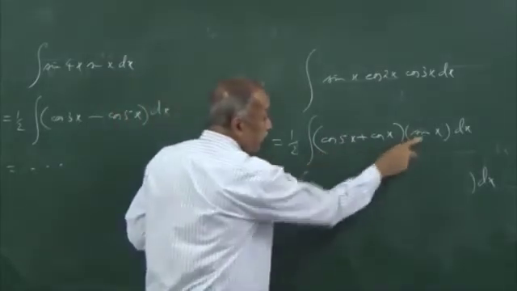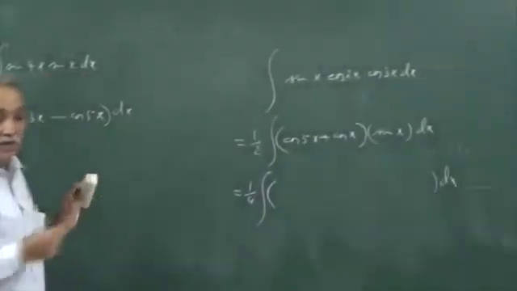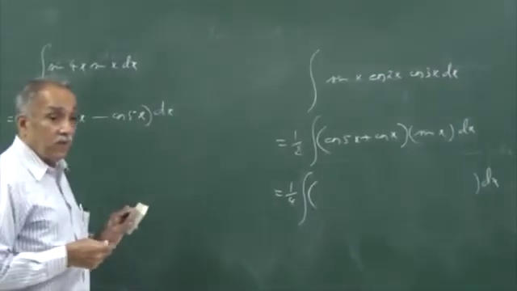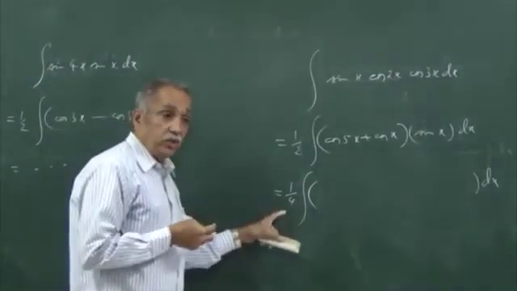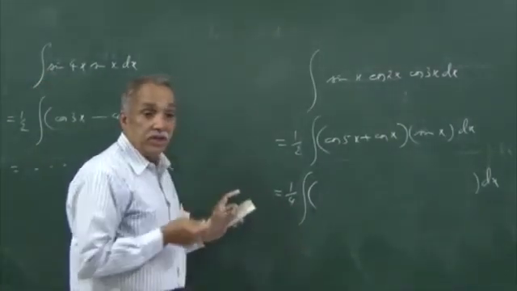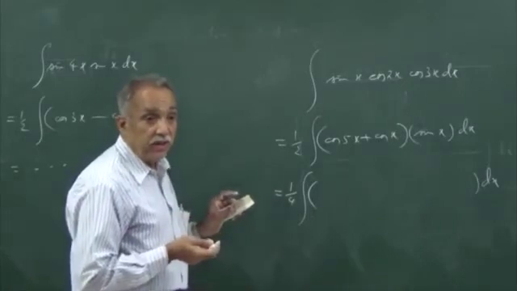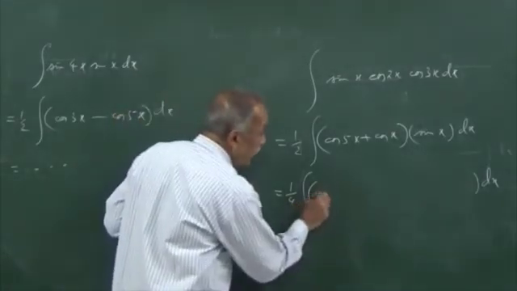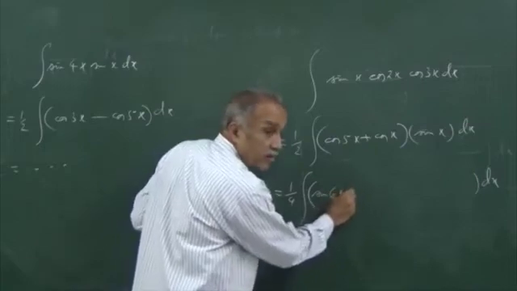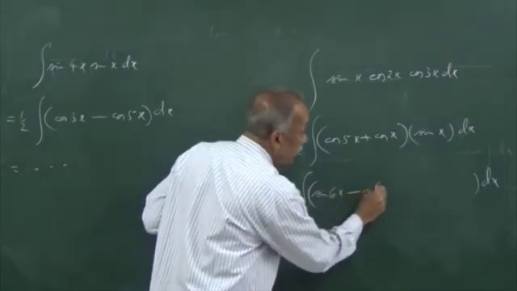First factor cos 5x sin x. I have provided the required coefficient to 2 cos 5x sin x, 2 cos A sin B. Am I right?